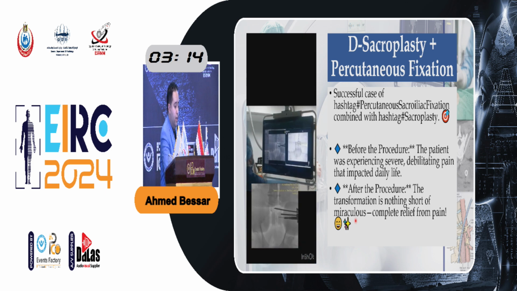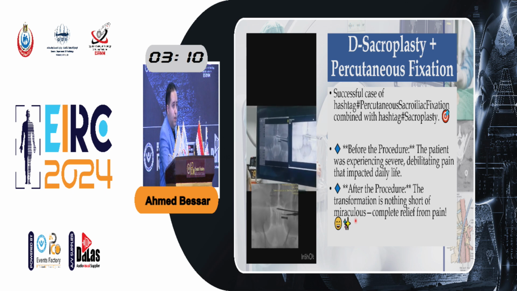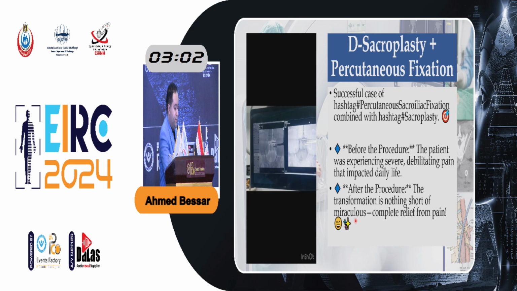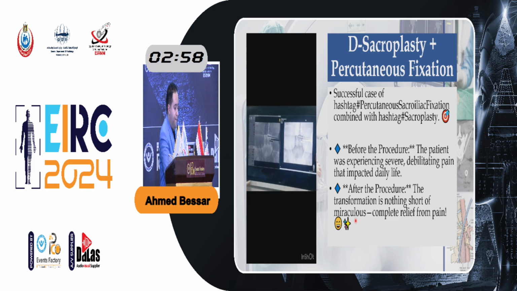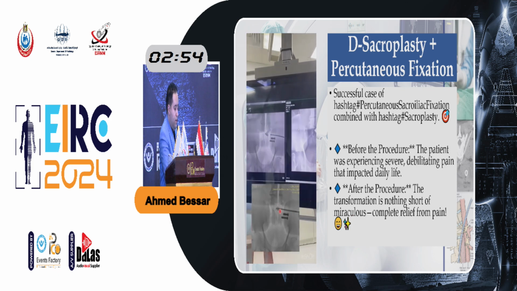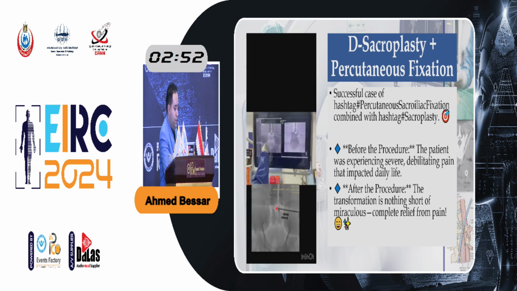After 1 week the patient became free of pain, and also stopped taking any tramadol, any morphine derivative medication after this. And we can see the after procedure cone beam CT. This is the injection of the cement inside the vertebrae.